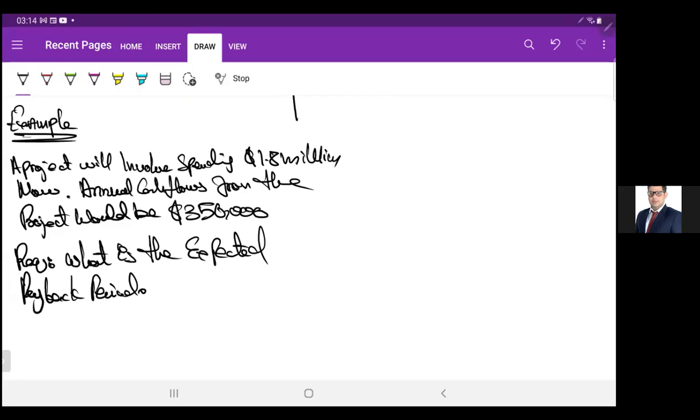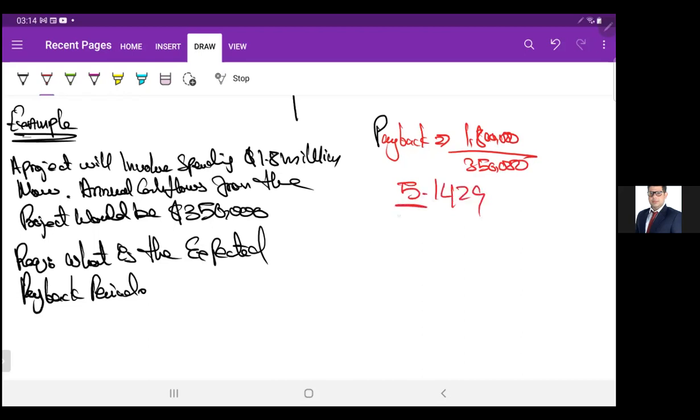What is the expected payback period? Payback is equal to 1.8 million divided by annual cash flows, 350,000. We will get 5.1429, so that means 5 years.